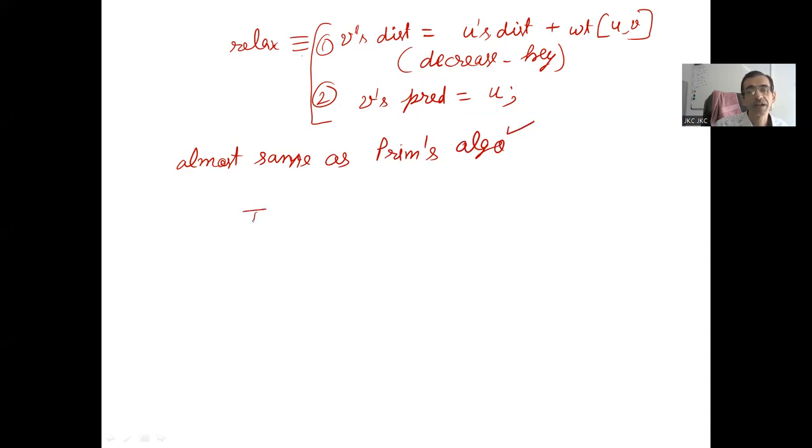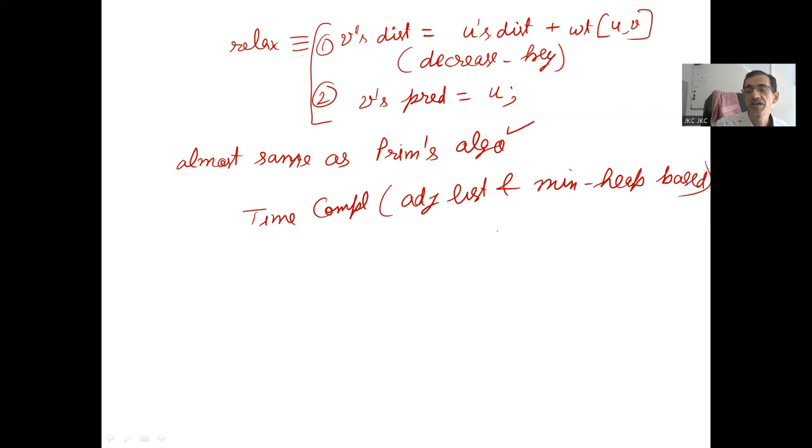So the time complexity will also remain the same if you talk of an adjacency list-based representation. With adjacency list and binary min-heap, the complexity will still remain order of V plus E log V. Of course, in Prim's we said E is greater than or equal to V, but in this case there is no guarantee.